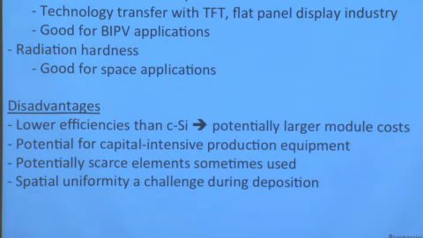If your efficiency is too low, all of the other commodity materials are going to outweigh that cost advantage because the commodity materials scale with area. If you have low efficiency, you need a larger area module to make the same amount of power. So at some point, if you look at the cost of the material versus efficiency, you start entering negative territory.